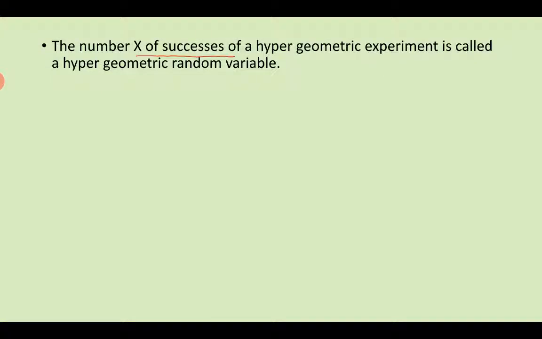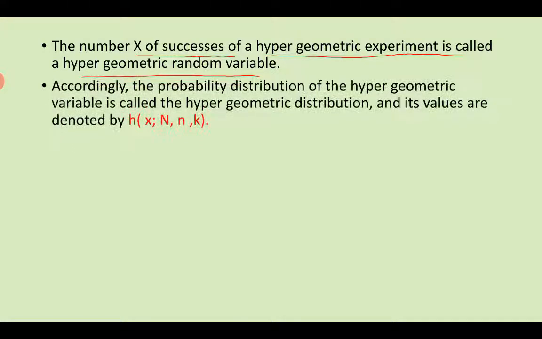The number x of successes of a hypergeometric experiment is called a hypergeometric random variable. Accordingly, the probability distribution of the hypergeometric variable is called the hypergeometric distribution and its values are denoted by h of x. X is always coming for all these distributions. X takes a random value, isn't it? The value of the random variable.